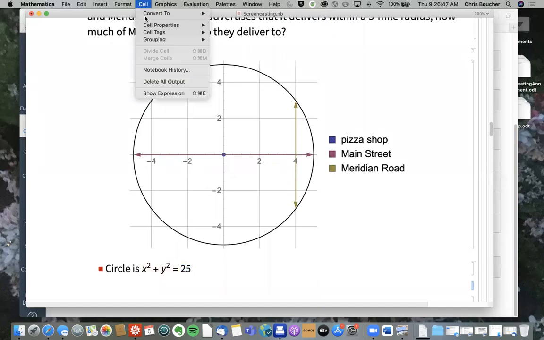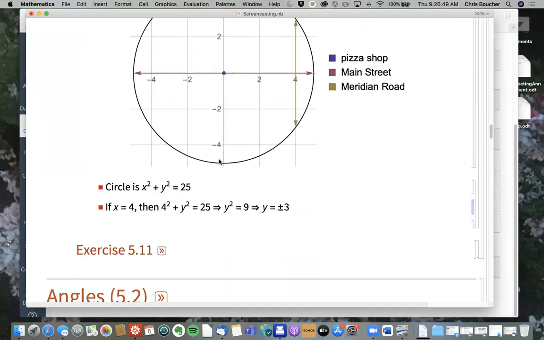So what I'll do is I'll just set x equal to 4 in this equation, right? So I set x equals 4, and right there, you can see where the 4 has replaced x. And this equation is not hard to solve. It's a quadratic equation, but it's easier than the ones we saw up above. 4 squared is 16. And when I subtract 16 from both sides, I get y squared is 9. And so that means y is plus or minus 3.